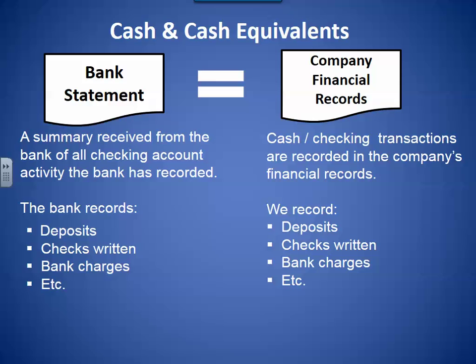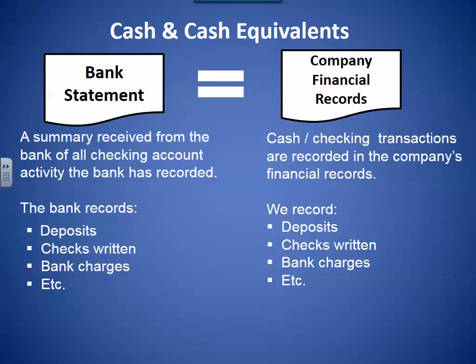So when you think about this, a bank account reconciliation is an extremely powerful control, because both the company financial records and the bank statements have to record the same things. Remember that cash is a very desirable asset.